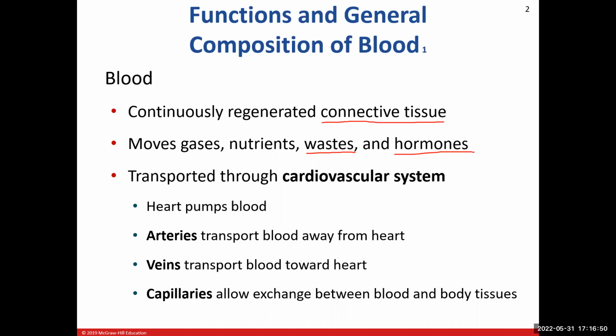We'll talk more about this when we get into the cardiovascular system, but any tube-like structure that carries blood away from the heart, simple, it's an artery. Anything that brings blood towards the heart is a vein. And where our arteries and our veins connect to one another in the tissues themselves, that's an exchange point, that's the capillaries. The capillaries are the smallest of all blood vessels.